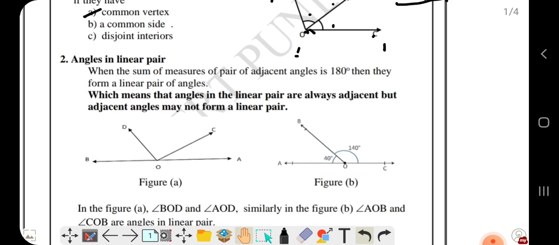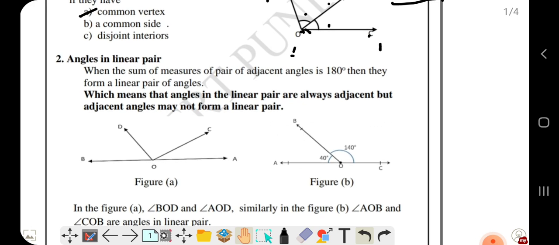Second point is angles in linear pair. When the sum of measures of a pair of adjacent angles is 180, then they form a linear pair of angles. We can see here there are some angles which are on a line. The line BA or AB is there.